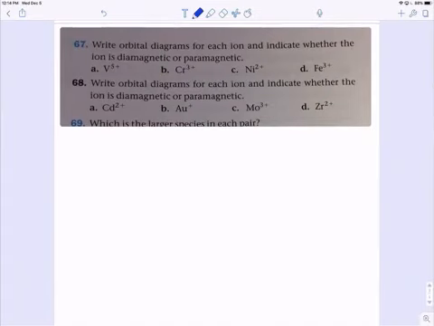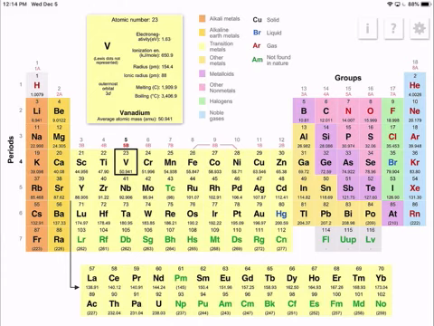Vanadium's structure is argon, 4s2, 3d 1, 2, 3. The plus 5 means it's going to rip off all of these 5 electrons and have the same as argon. And argon is 3s2, 3p6.